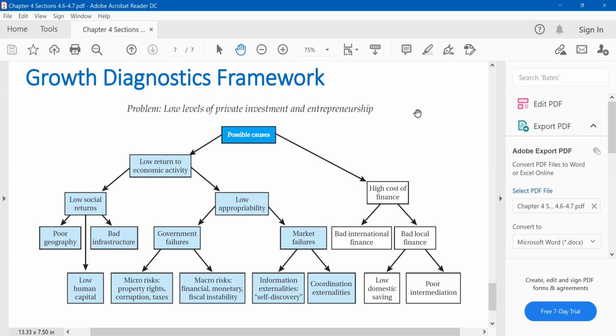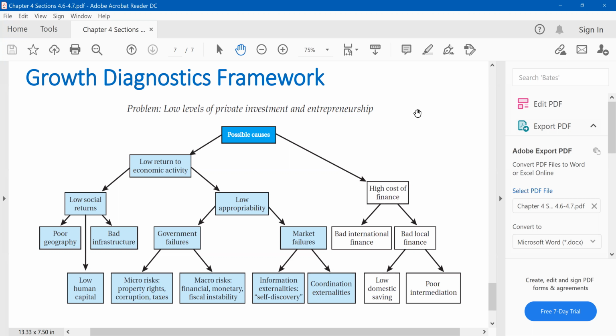So that's overall a highly, let's say, fruitful approach, right? Because for one country, you can end up at micro risks, corruption. For another country, you can end up at low domestic saving. For one country, you can end up at poor geography.